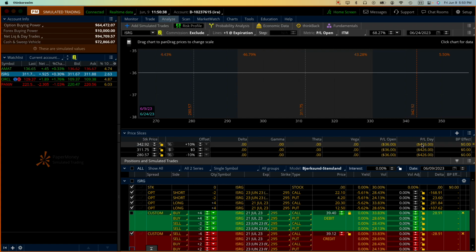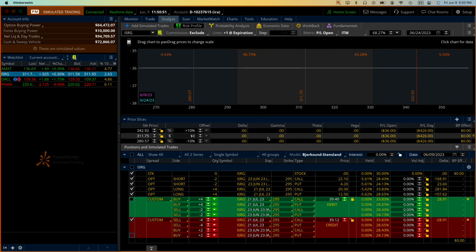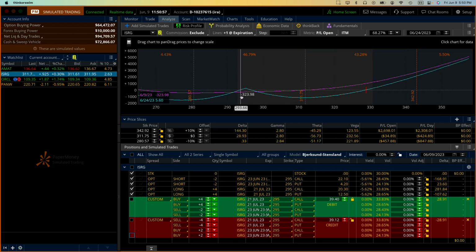Today's losing value, not sure why. 36 is our P&L. We have lost $36 so far because we're so far from the center of our trade here, from our strike price.